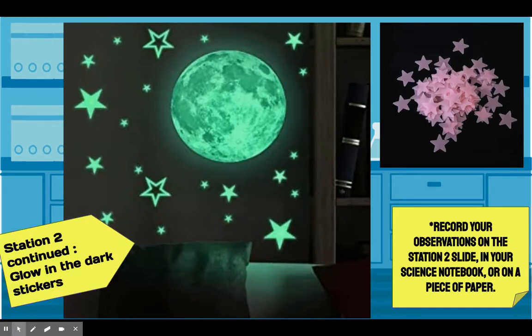See if you can look around the room and look at the other objects. Do they give off light? Make sure to jot down any of your observations on the Station 2 slide in your science notebook or on a piece of paper. And if you have any questions, make sure to jot down those as well.